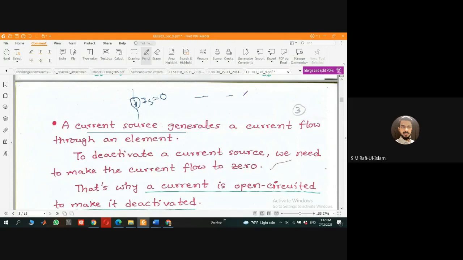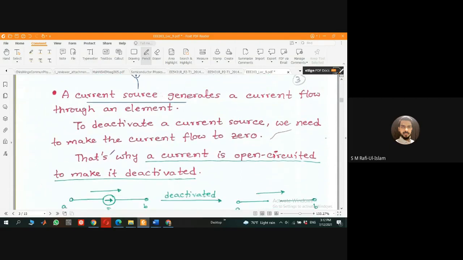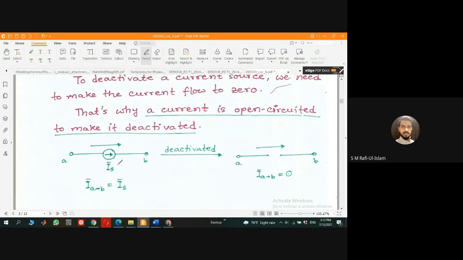We must create a discontinuity. If this part and this part are not connected, the current passing from this segment to that segment has to be 0 because there is no wire connected. Similarly, that will apply here.